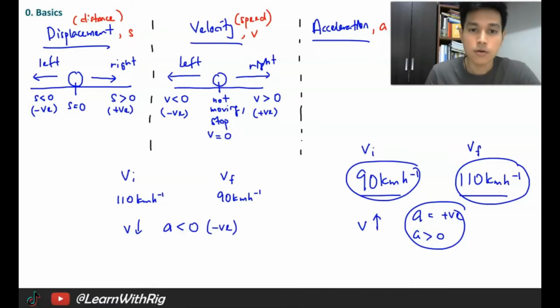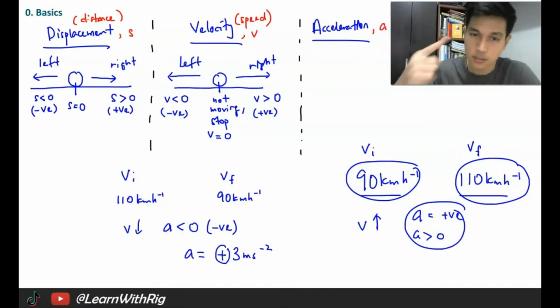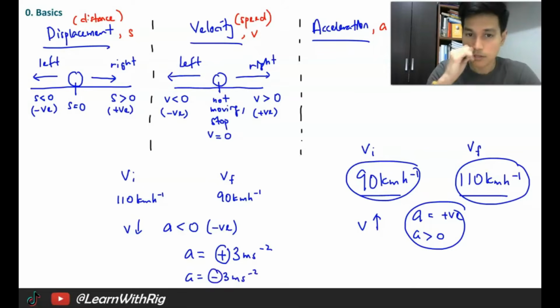So if I tell you acceleration is positive 3 meters per second squared, you know that positive means the velocity is increasing. It's got nothing to do with direction. It's not saying that it's going to the right or going to the left. No, it's just telling you velocity is increasing. If it's a negative value, that means the velocity is reducing.